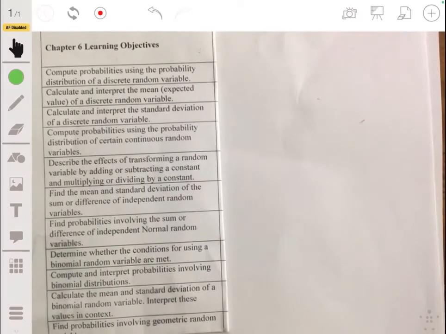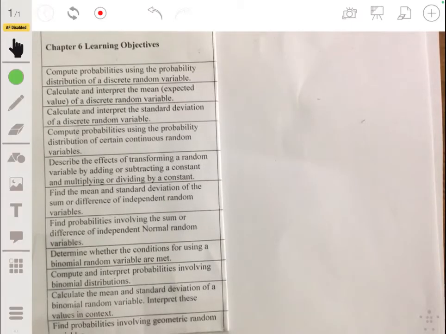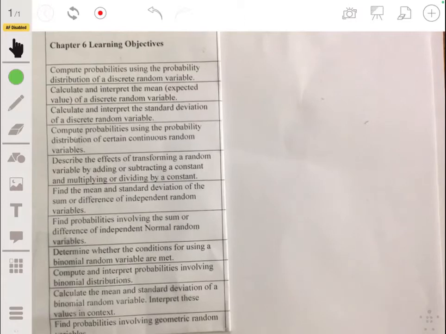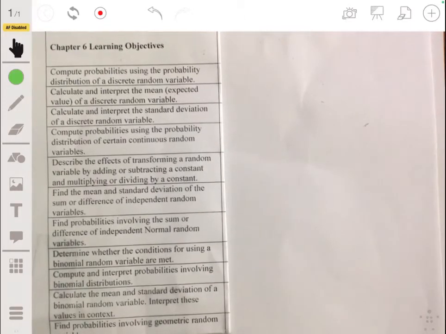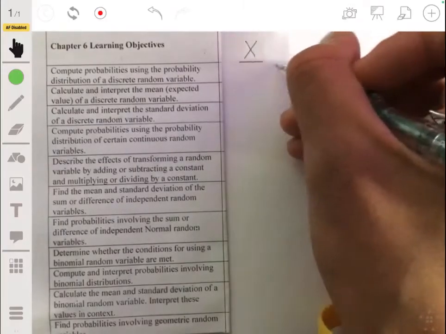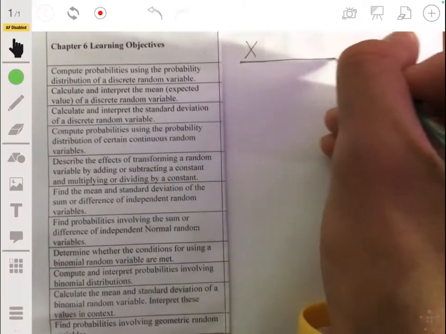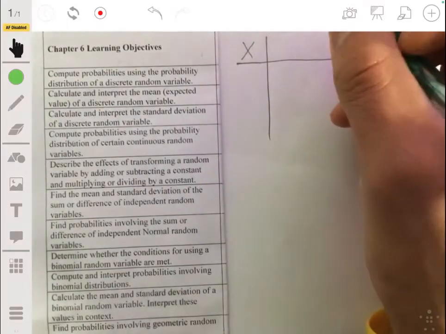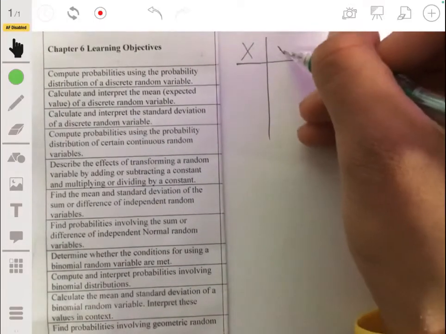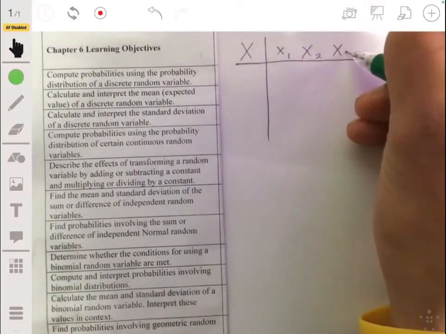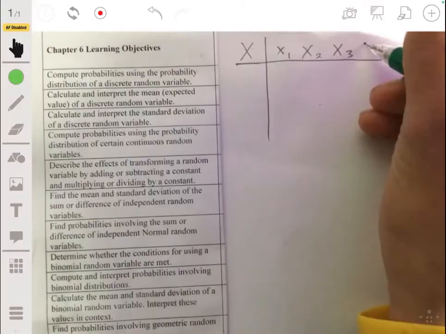So we gotta know what a discrete random variable is. A discrete random variable is essentially a variable that takes on whole values. We're going to use x as our discrete random variable, and x could be all these values: x1, x2, x3, x4.